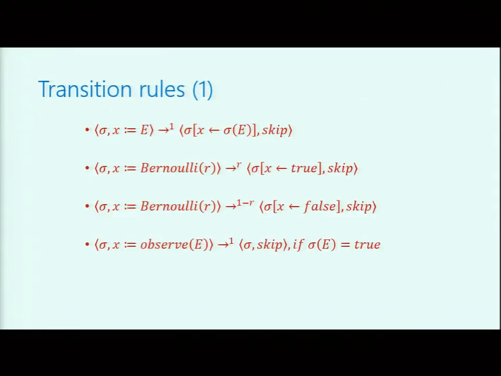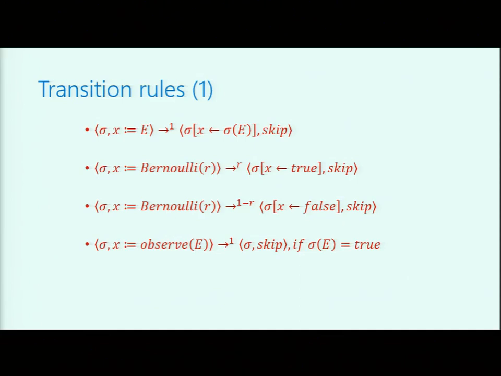So if my statement is an assignment and I have an input state sigma, after executing it I go to a new configuration, and this says that I go to that configuration with probability 1. There is no probability here, right? And what is that new configuration? Well, it's the earlier state sigma with the value of x updated to the value of e evaluated under the state sigma.